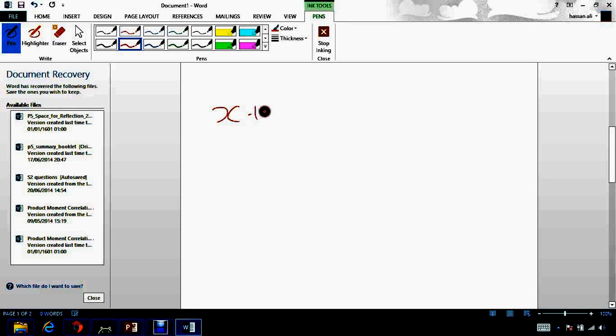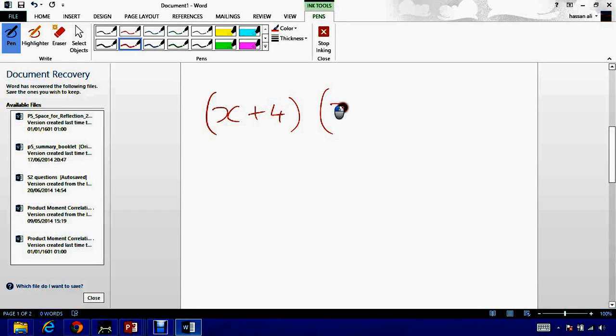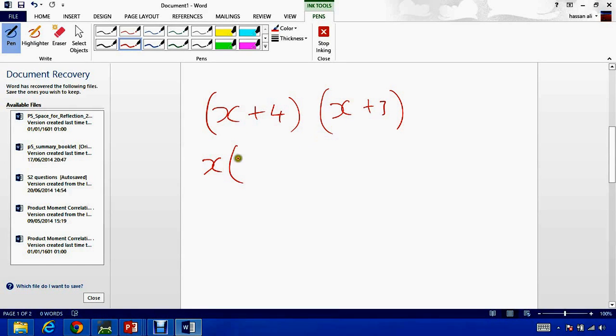Finally, multiplying out polynomials. If you had x plus 4 times x plus 3, if you're not confident to do it straight away from the bracket itself, just take one out. So you got x right next to this bracket, 4, so I'm going to take this 4 here. It's a positive.